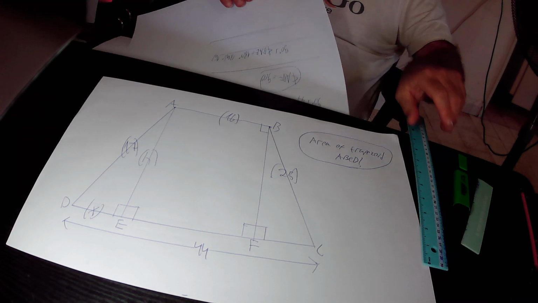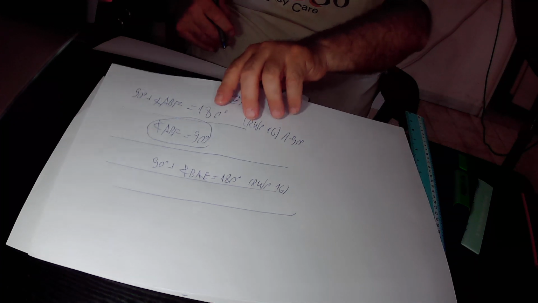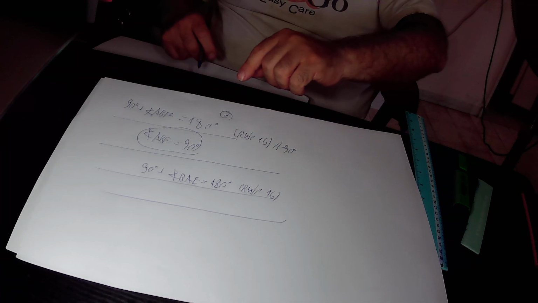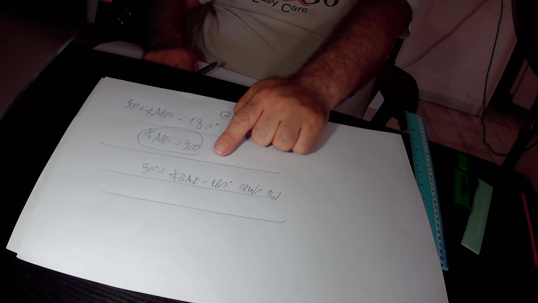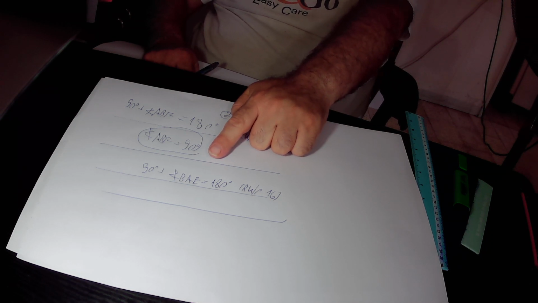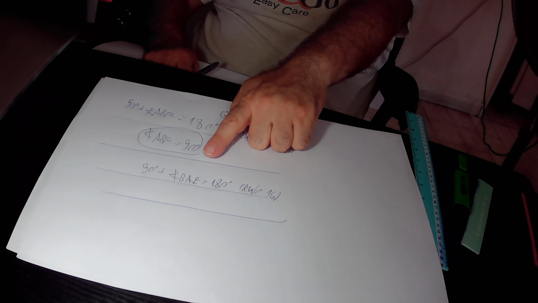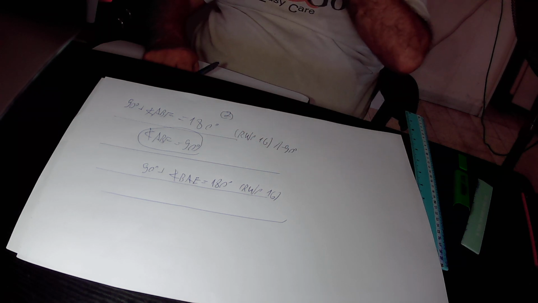So again, I can find out that 90 degrees plus the missing angle BAE, because they are both one-sided interior angles, must be equal to 180 degrees according to rule 16.